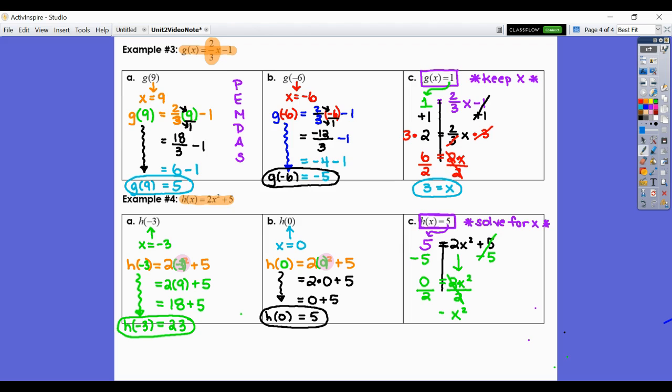And 0 divided by 2 is just 0. We're going to learn this later on, but to undo an exponent of 2, we take the square root on each side. That's the only way I can cancel out a squared, and the square root of 0 is 0. X will be equal to 0 for this last example 4c.